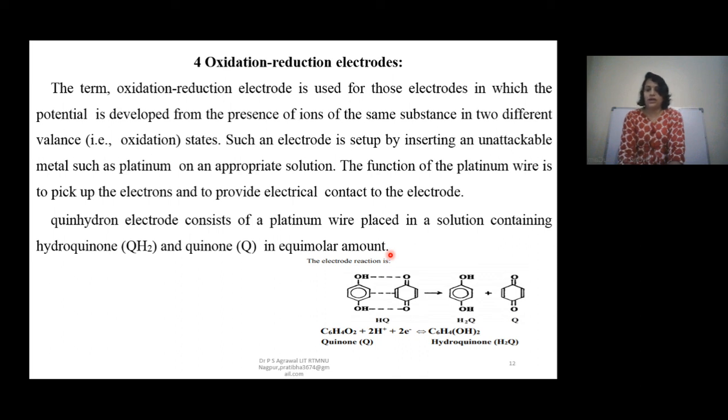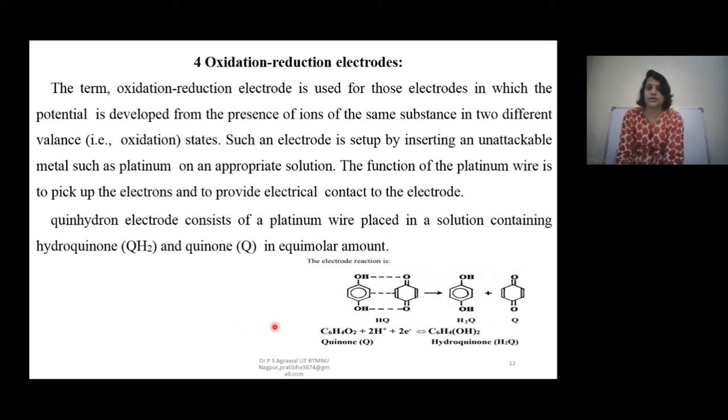For example, the quinhydron electrode, QH2. What we have to do here is take a beaker, keep a platinum wire in it, and add a pinch of quinhydron powder. Then an equilibrium is set up between quinone and hydroquinone, and this is reversible, so oxidation and reduction both take place.